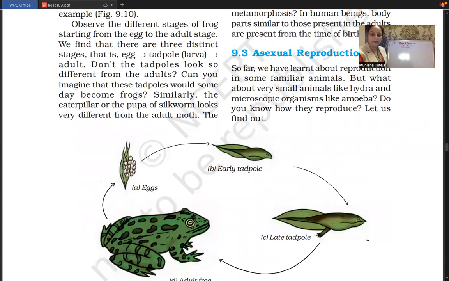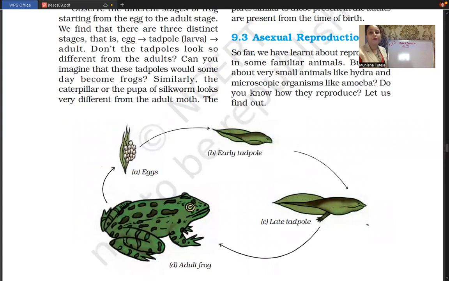Here we have a beautiful diagram to show the life cycle of a frog. You can see the eggs, right? From the eggs you can see the early tadpole. Now see, does the early tadpole ever look like a frog? Not at all, right? Not even the color is the same. They are quite different. From the early tadpole it becomes a late tadpole, and from the late tadpole finally it grows up to become an adult frog, right? So this is something very unique.